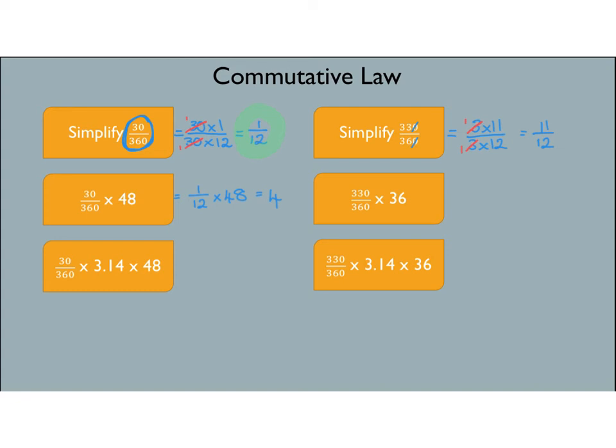Okay. The next one, we just worked out above that that bit simplified is the same as 11 over 12. Now, remember how we've done these before? Divide by the bottom number of the fraction.